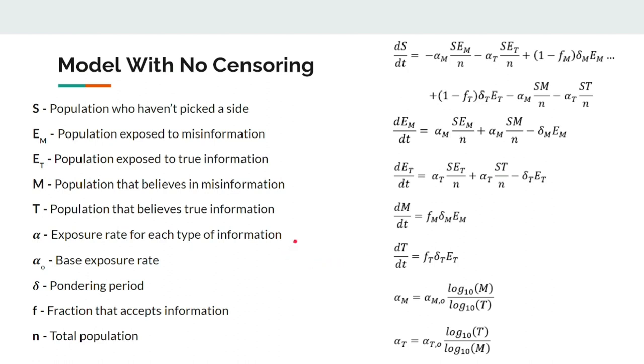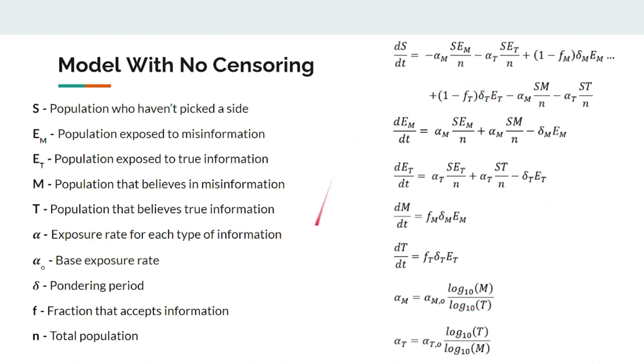Some other parameters that we have are alpha, where we have alpha_M, which is the exposure rate for misinformation, and this is a logarithmic relationship based off of the population of people who believe misinformation and true information. And we assumed this because people who believe the misinformation are then going to try to spread that misinformation, and people who believe the true information are also going to try to spread the true information.